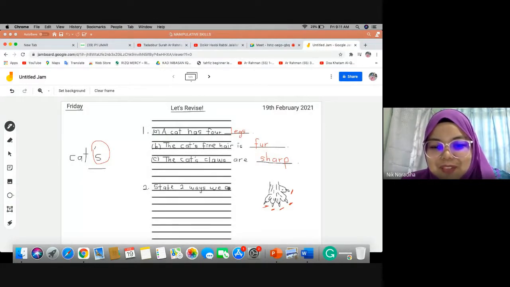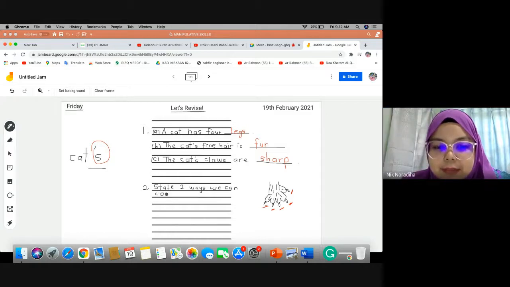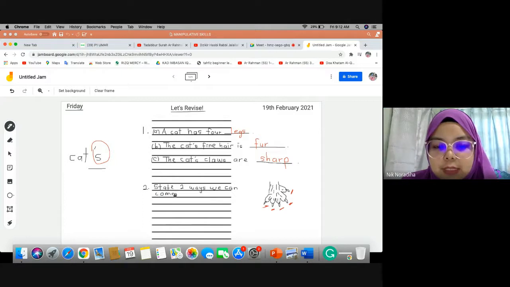I'm trying my best to use this pencil in the Jamboard. We can communicate. Teacher, I'm not yet with that. Not yet with what? State. Okay, it's okay. You can continue.